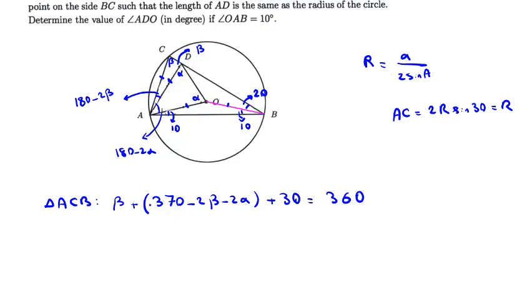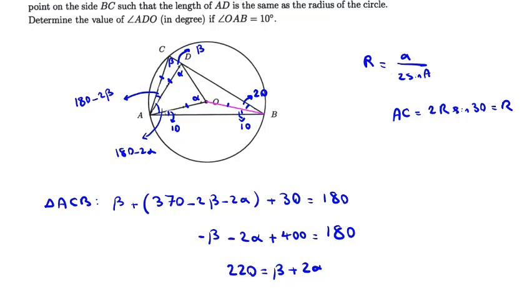Beta minus 2 beta will be negative beta, negative 2 alpha equals, and let me write, plus 400 equals 360. Sorry, here the sum of angles is 180. So if I correct this, 400 minus 180 is 220.